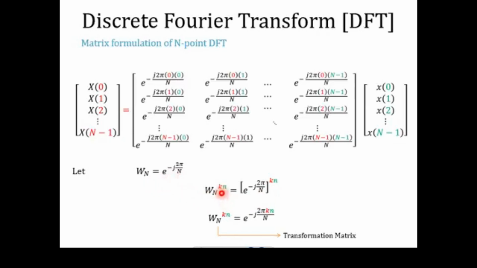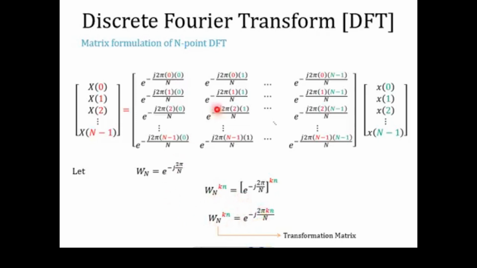So if we write k into n in the superscript of this wn factor, then this k into n product will become the power of this factor, and on multiplying these two powers we can simply write exponential minus j 2 pi k into small n divided by capital N. So mathematically wn raised to kn is equivalent to exponential minus j 2 pi kn divided by capital N.